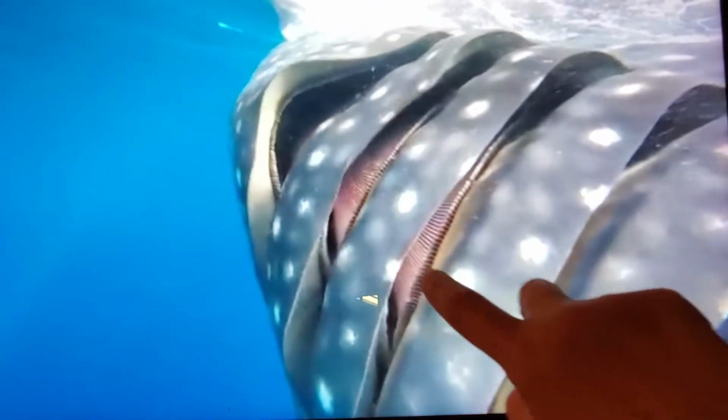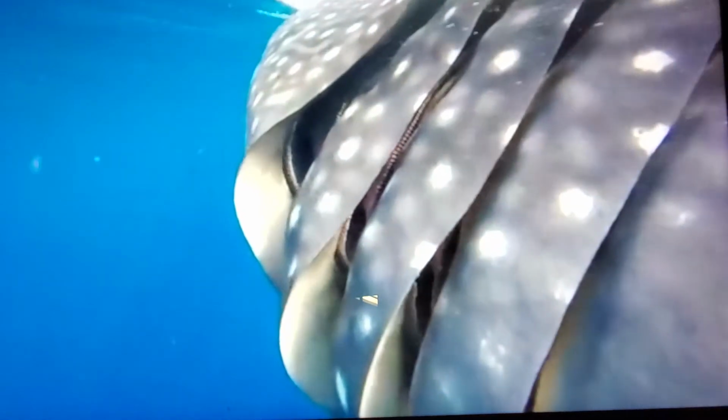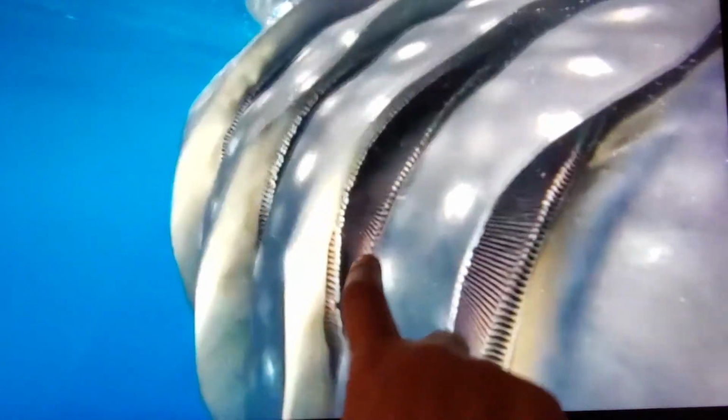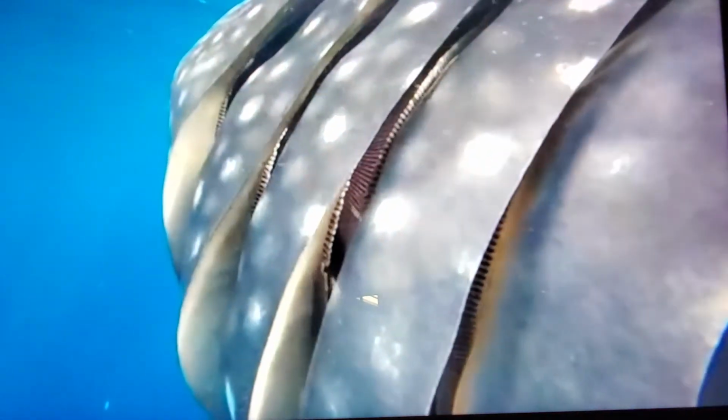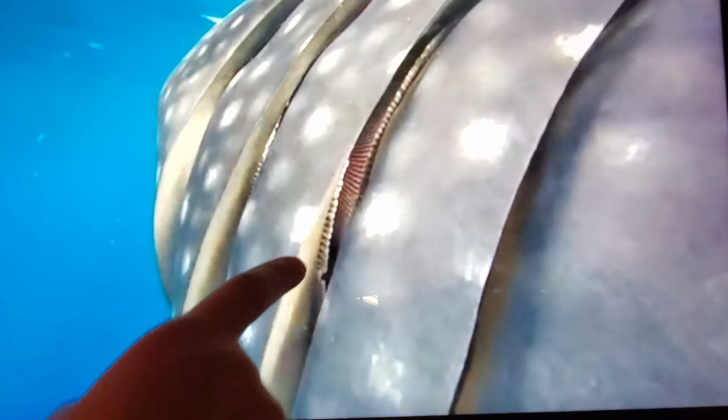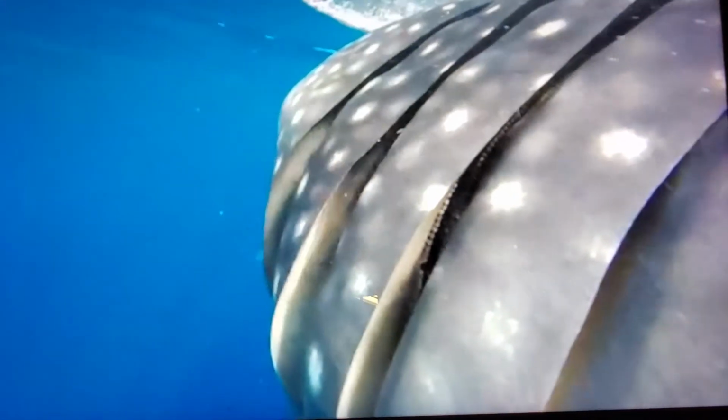So those are the gills that you see here, these pinkish reddish. The water is coming in through his mouth, it's going over these gills and then flowing out. When it flows over the gills, they pull in the oxygen and then they release carbon dioxide, just like you do.